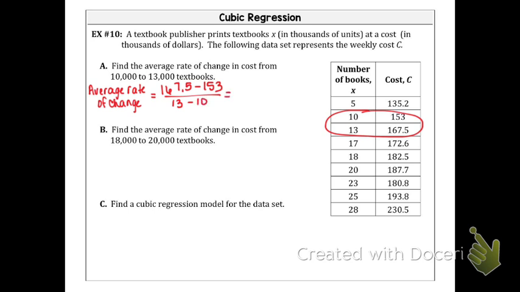Since they're both in thousands, that's why I did 13 minus 10, not 13,000 minus 10,000, because the books were in thousands of units, and the costs were really 167.5 thousand and 153 thousand. So I just took the thousands out of both of them. I divide it out and I get 4.833 thousand dollars per thousand books, so about $1,000 per book.